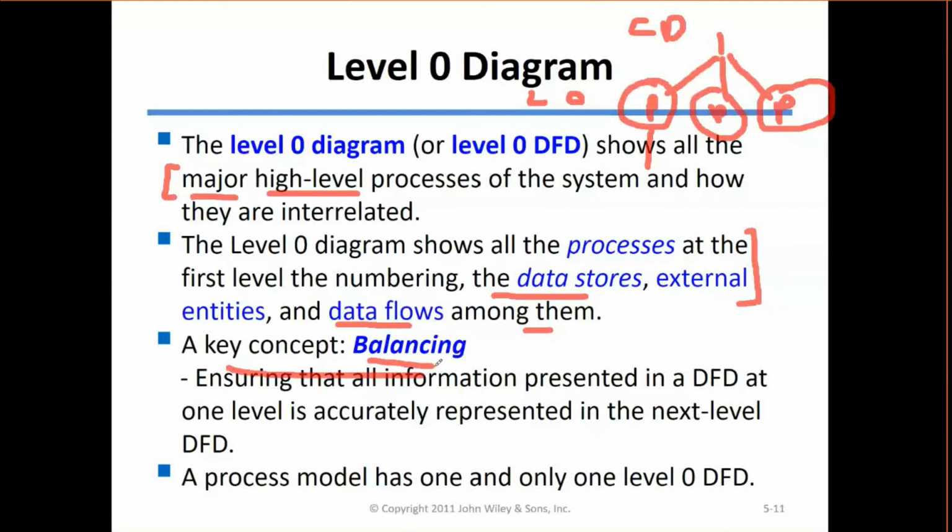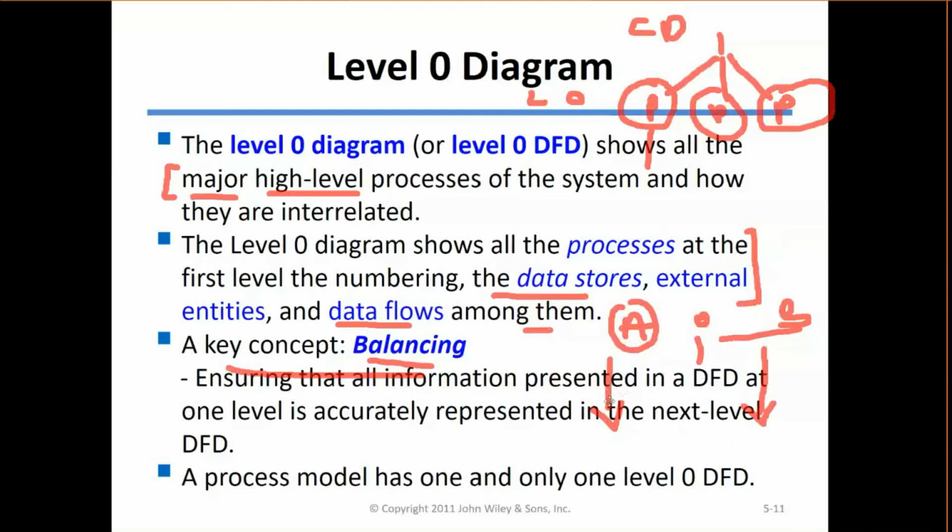Balancing means that any input in a context diagram level, note the point, any input, let's suppose you have mentioned a, and that is in the context diagram level, when you come to the next level, this input must come to the next level. And if there is any input, let's suppose b, at the context level, this must come to the next level.